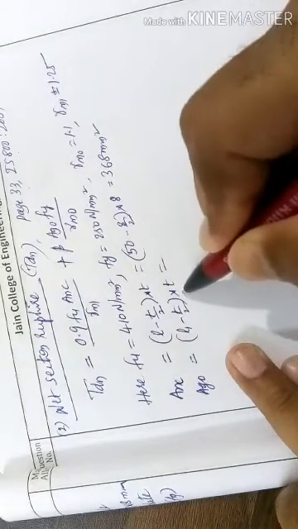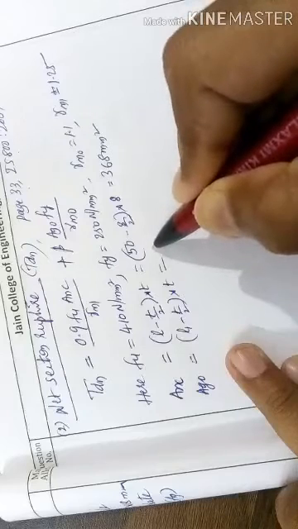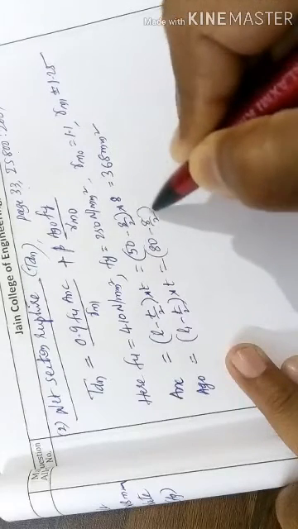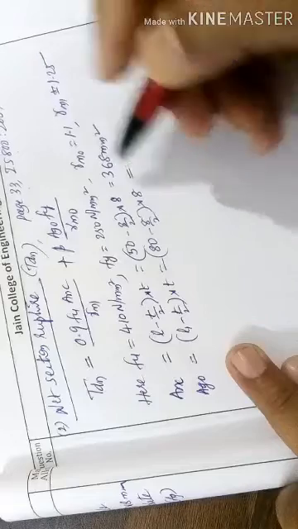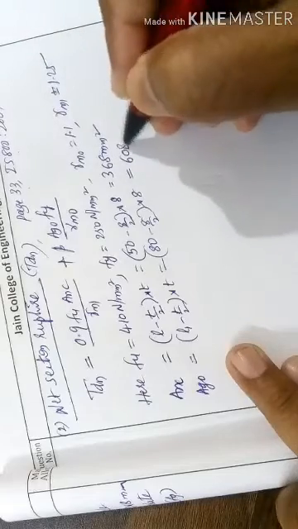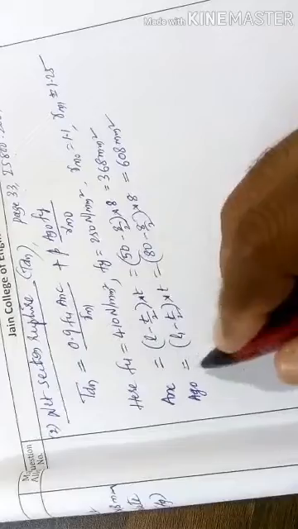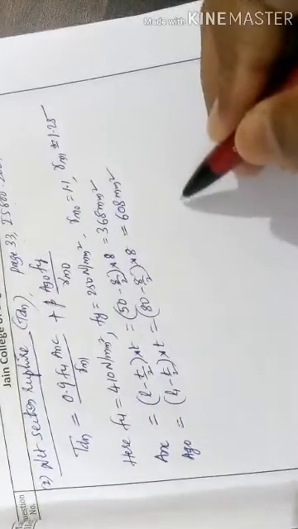So here (80 minus 8 by 2) into 8, you will get 608 millimeter square. How this formula comes, I explained earlier, but once again I will explain this one.